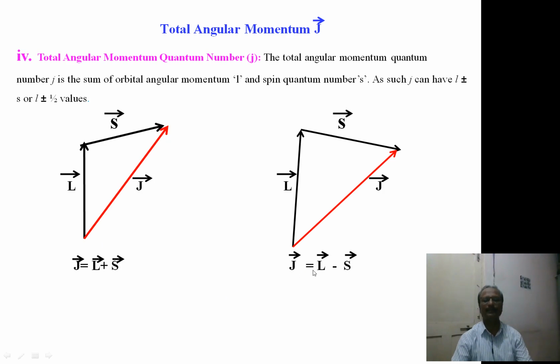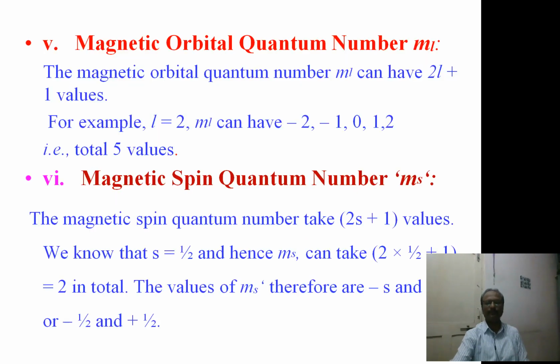Therefore vector J equals vector L minus vector S. This is vector S, this is vector L, and we get the resultant vector capital J, that is the total angular momentum. So simply we can state that vector J is equal to vector L plus or minus vector S due to the two values of the spin.